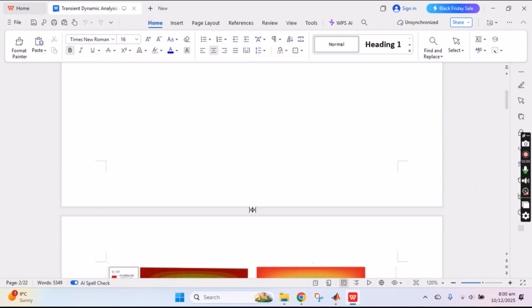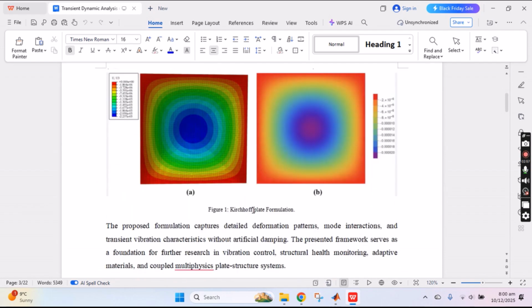So in this introduction, I have explained in detail what previous scientists did and how the Kirchhoff's-Love plate works according to the deformation pattern, with the mode interactions and the transient vibration characteristics of the plate.